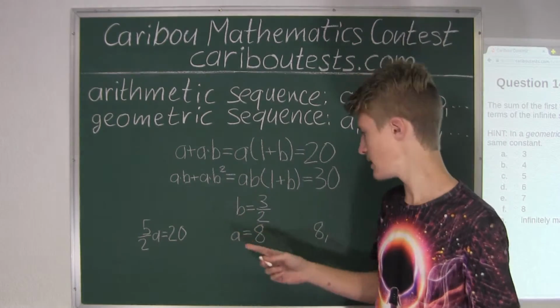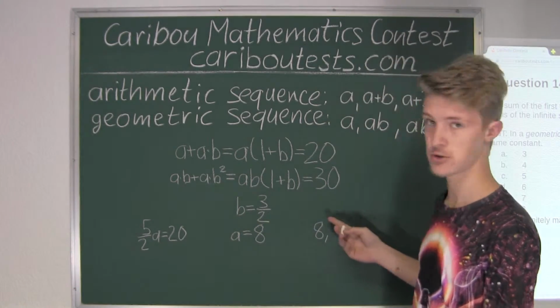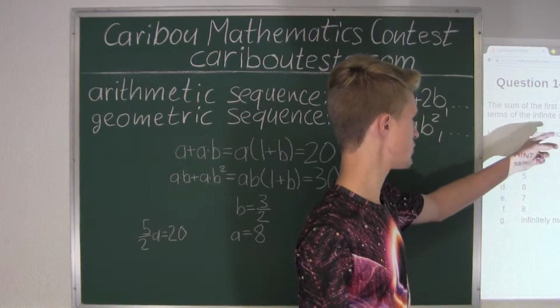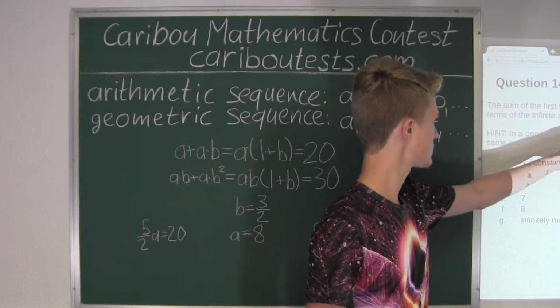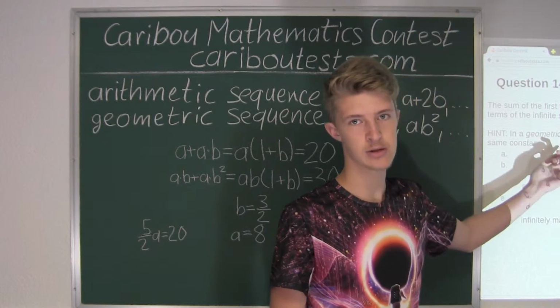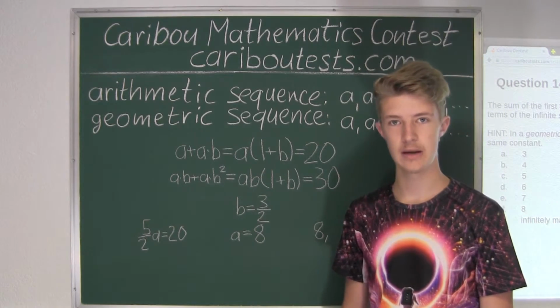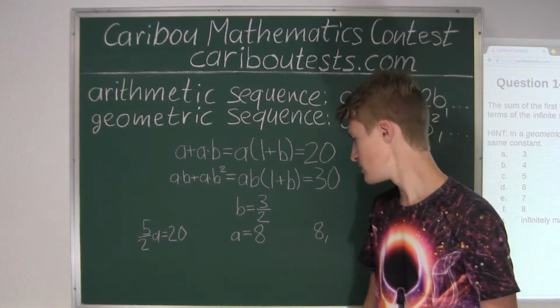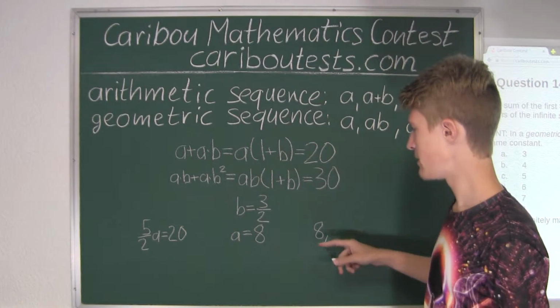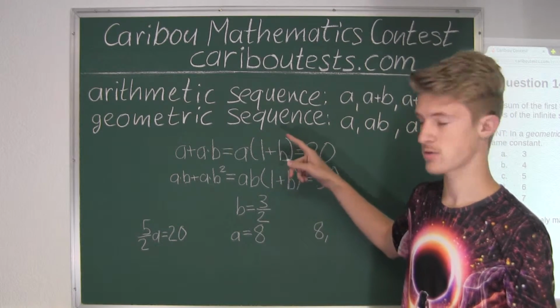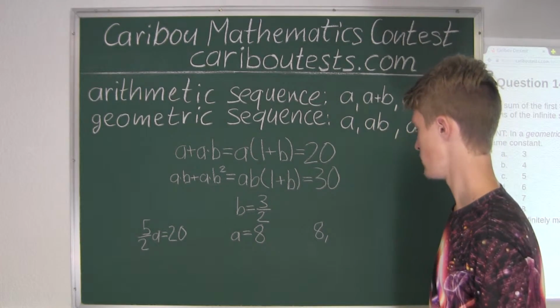We're interested if that is an integer or not, because from the question we want to know how many terms of this infinite sequence are integers. So we want to get rid of the denominator as long as possible. So now we will always just multiply by 3, and we will always divide by 2.